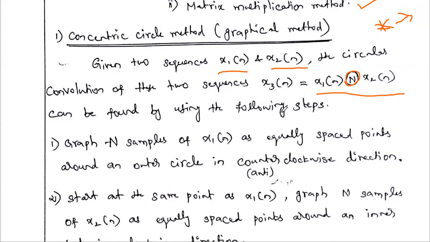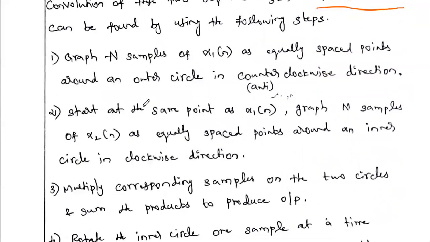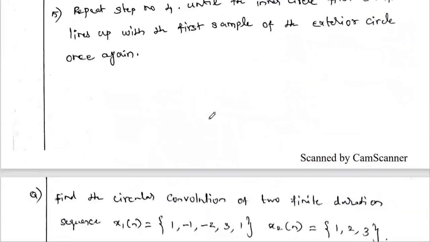In order to perform this circular convolution, we have to follow the 5 steps in the graphical method. What is the first step? Graph the N samples of x1 of n as equally spaced points around the outer circle in a counterclockwise direction. That is, we have to draw two circles.